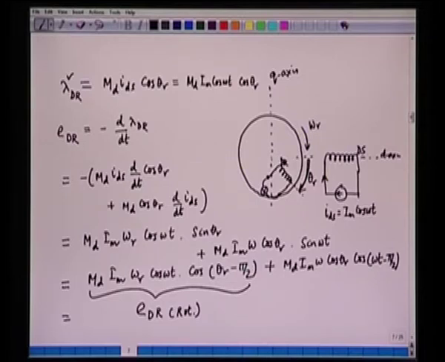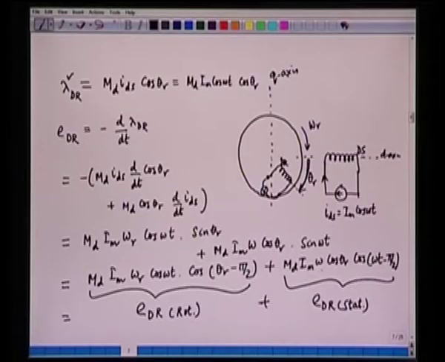And the second term, which is given here, is called the statically induced EMF, or e_dr stat. Now it is interesting to note that the rotationally induced EMF is a function of omega r. It means if the speed is equal to 0, the rotationally induced EMF will be equal to 0.